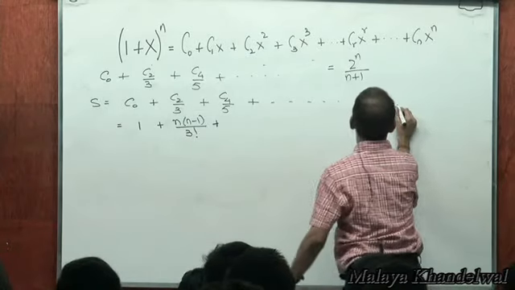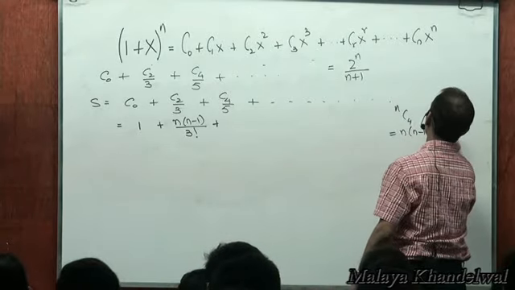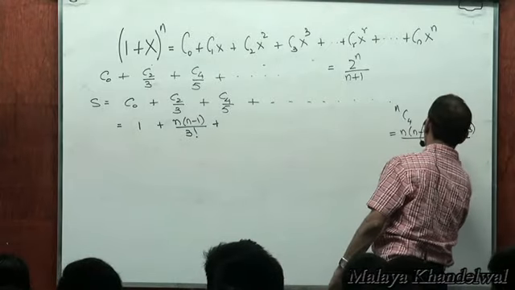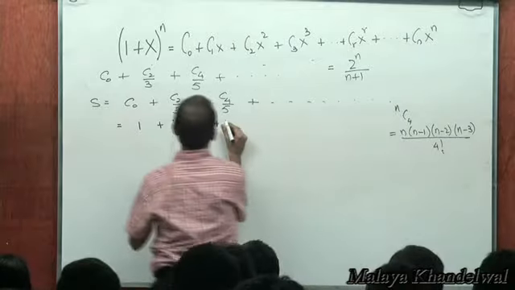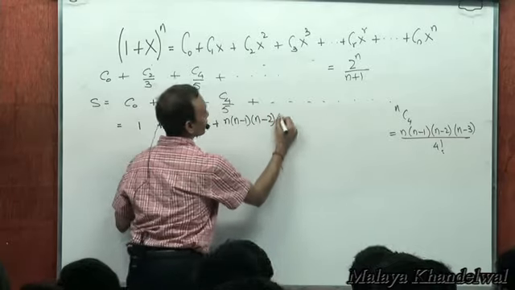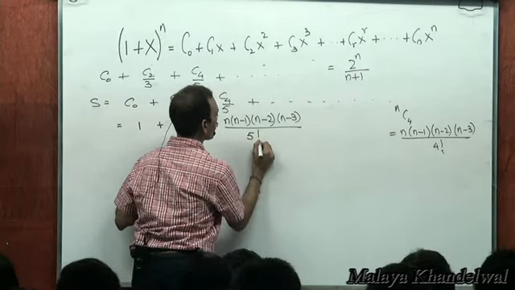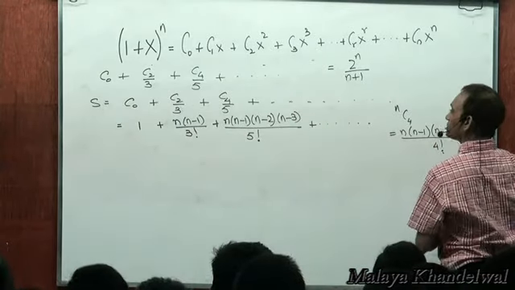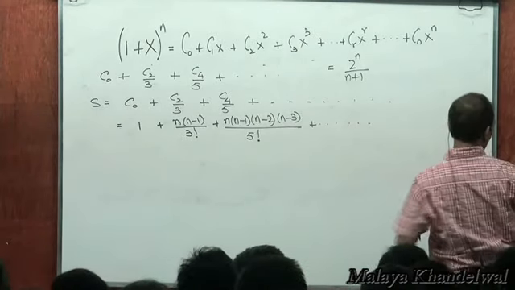NC4 is n into n minus 1 into n minus 2 into n minus 3 by 4 factorial, right? 4 factorial into 5 would be 5 factorial. Yes or no? Yes, sir. Right? Now the terms are sequencing this way. Okay?